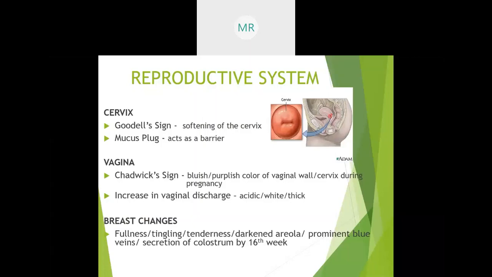And that is why as we reach about 40 weeks, more than 37, so 38, 39, 40 weeks, that cervix can soften to the point of dilating to 10 centimeters. That only happens during pregnancy. And then we have the mucus plug. The mucus plug does act as a barrier under the influence of, thank you again, estrogen.